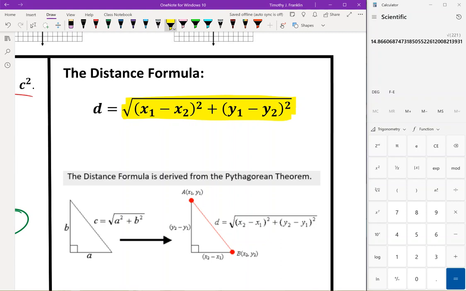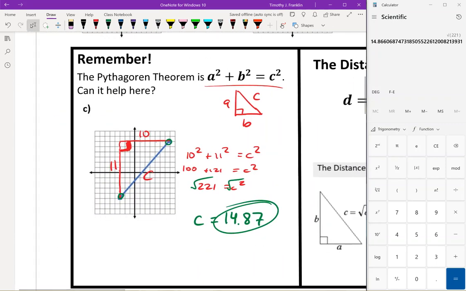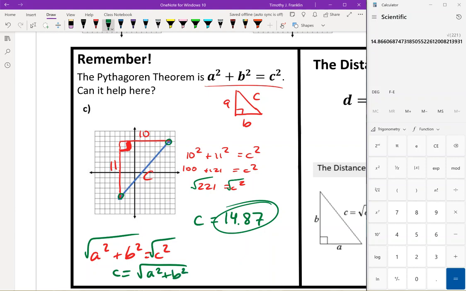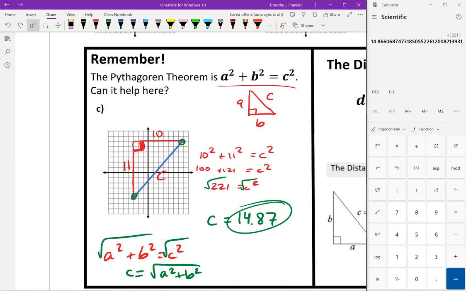What this is, it's derived from the Pythagorean theorem. And imagine, if you have a squared plus b squared equals c squared, and you just want to solve for c. Well, c equals the square root of a squared plus b squared. And if you think of this and this as a and b, that's what this formula is.